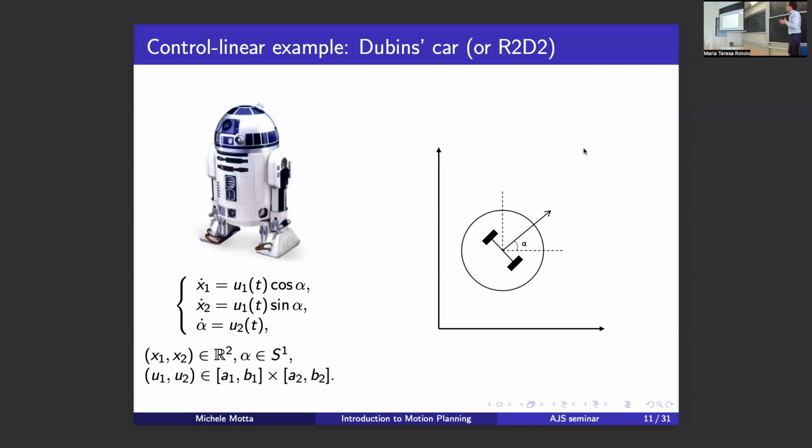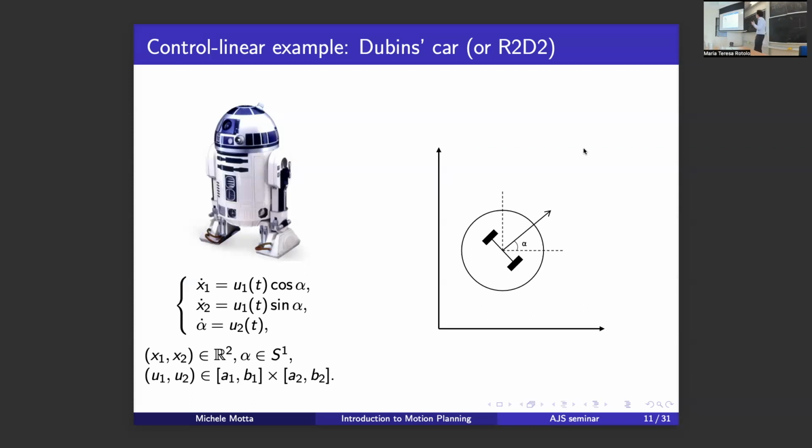How does R2D2 move? His state space is made of three variables: the position on the plane, and then the orientation of the robot. So x1 and x2 are the position, and alpha is the orientation of the robot.